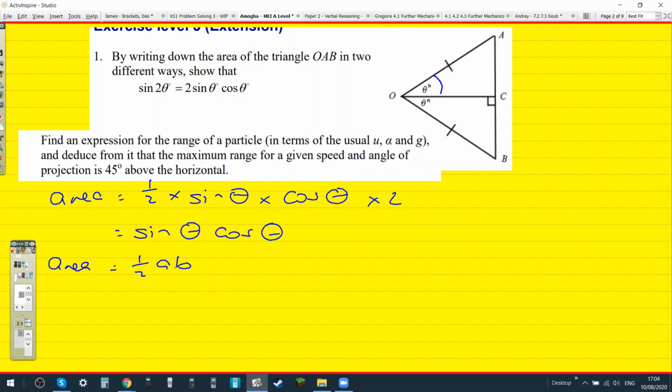So that would be cos, half times cos theta, tan theta. Not really sure. Let's see. A half. So theta is here.